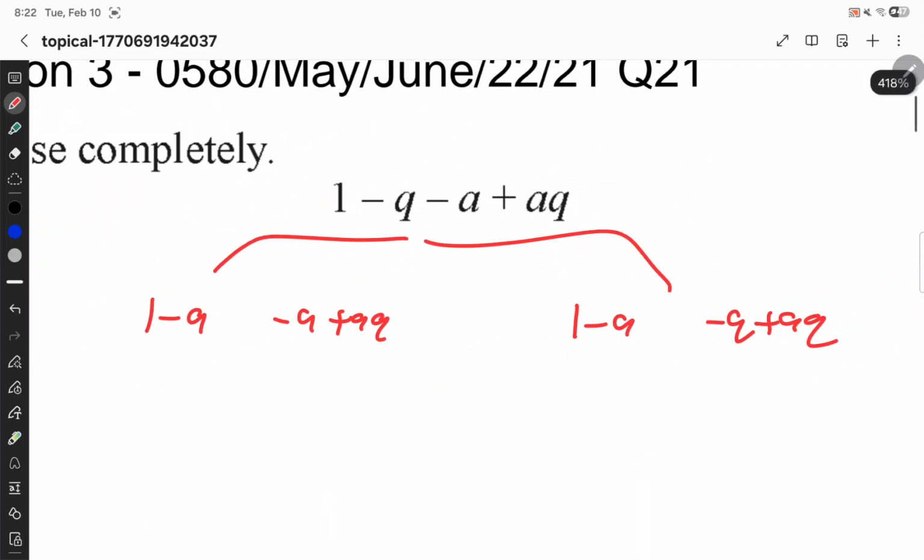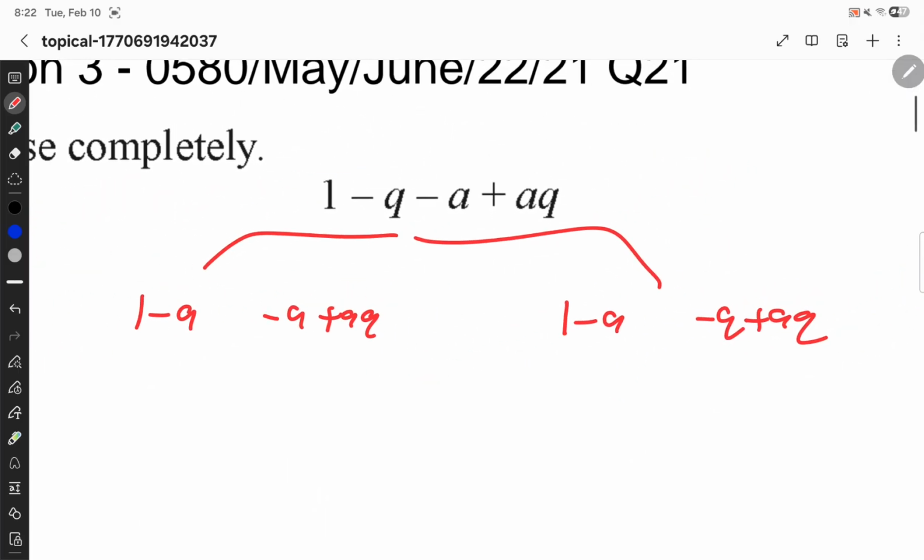Both are the same, the only thing that differs is how you group them. Here we have by a, here we have by q, but they will give you the same answer, remember.